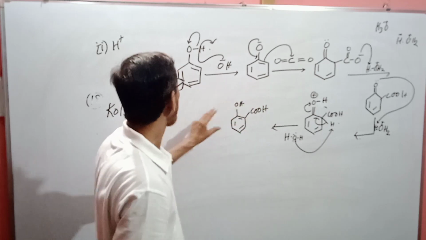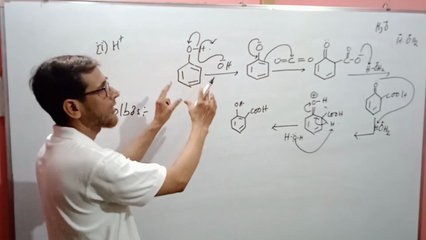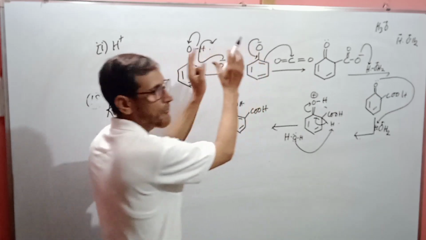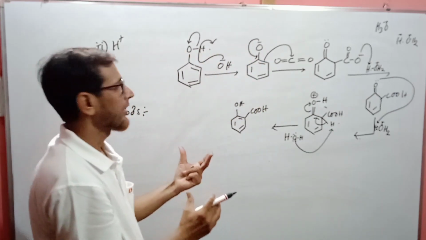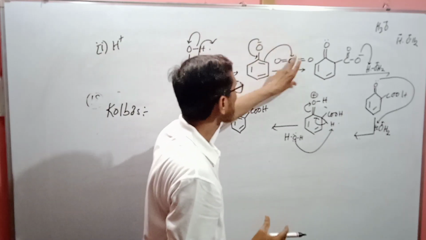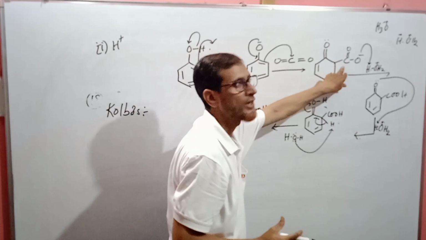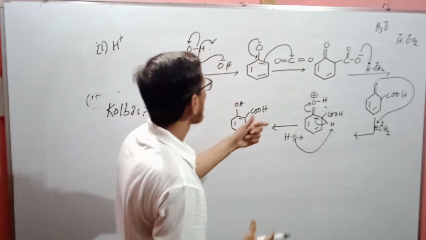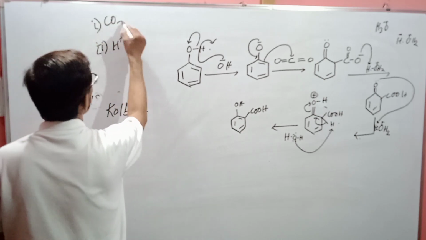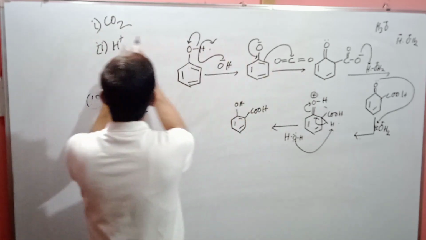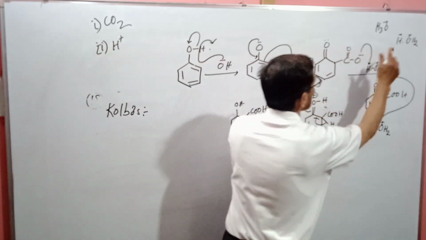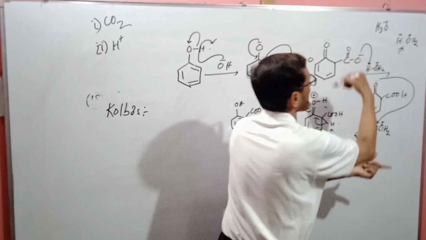This is the reason why we are using sodium hydroxide first and again OH is coming. This is the reason: phenoxide ion is more reactive than phenol. Due to this greater reactivity, the weak electrophile gets introduced into the benzene ring. That's why I told you at the very first you should use carbon dioxide. Yes, we have used carbon dioxide, and in the second step we are using a proton, means acid. When we use acid, water becomes protonated and the reaction proceeds further.